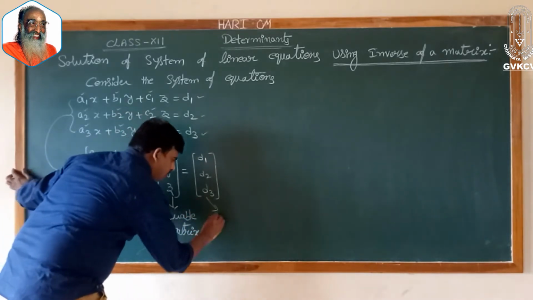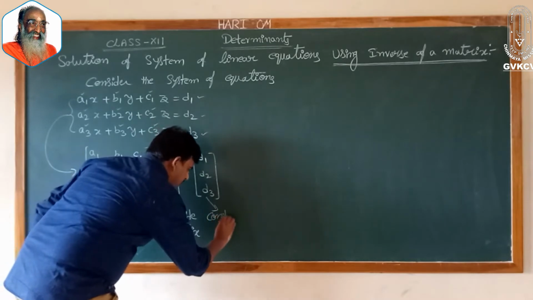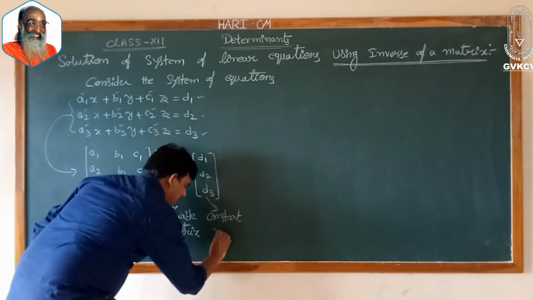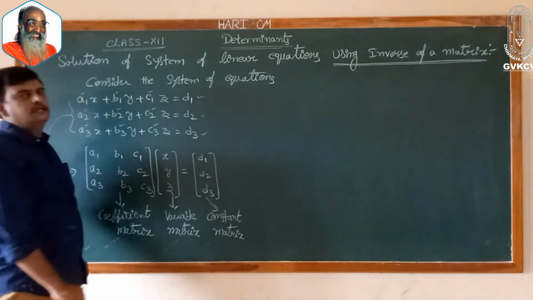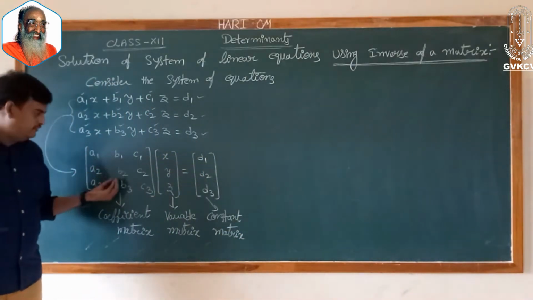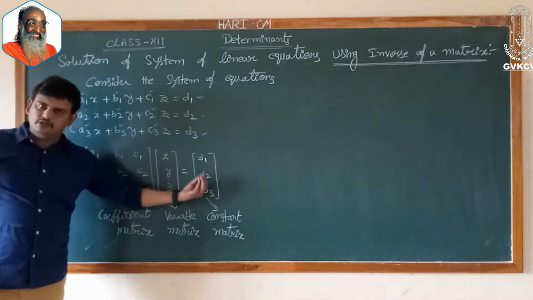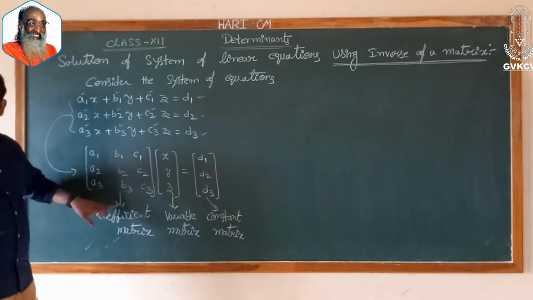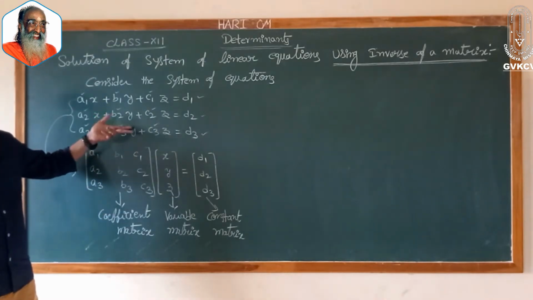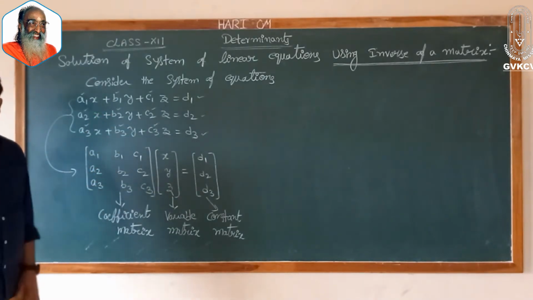Now this is called the constant matrix. So here we are getting three matrices based on coefficients, based on variables and based on the constants. So step 1 is completed. What is step 1? Converting equations into the form of matrices.